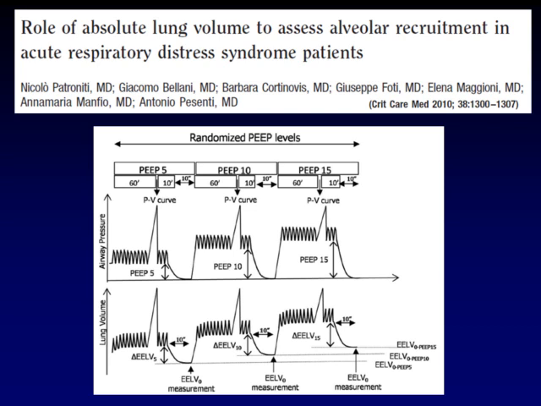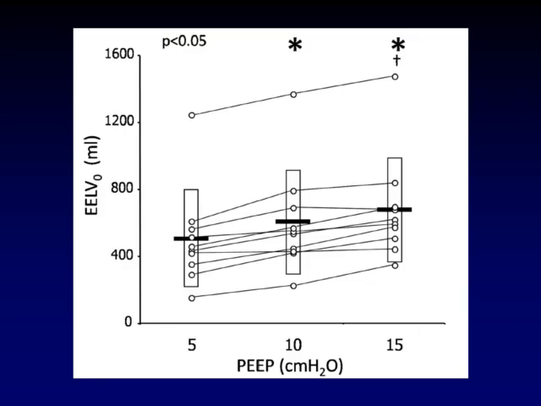And we have done a systematic approach to this problem, and we have been able to show that going from 5 to 10 to 15 of PEEP, the change in lung volume is more than what is expected by the change in compliance. Actually, we recruit some 200 to 250 milliliters of alveoli by increasing PEEP by 10 centimeters of water.